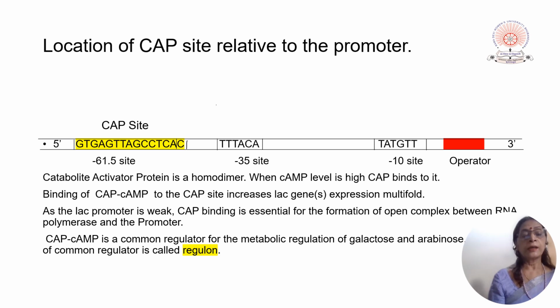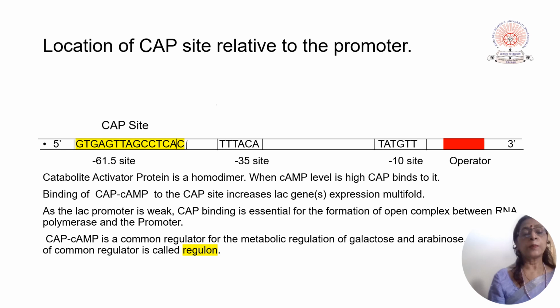CAP cyclic AMP. The lac promoter is a weak promoter, and when only RNA polymerase binds to it, the rate of gene expression is very low. But once cyclic AMP-CAP binds, the rate of gene expression increases multifold.